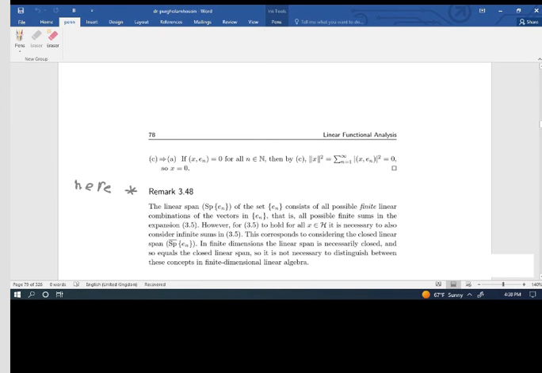We know the span of En is this subspace of X consisting of all vectors that are the finite combination of En. So for any x in H, it is necessary to also consider infinite sums.